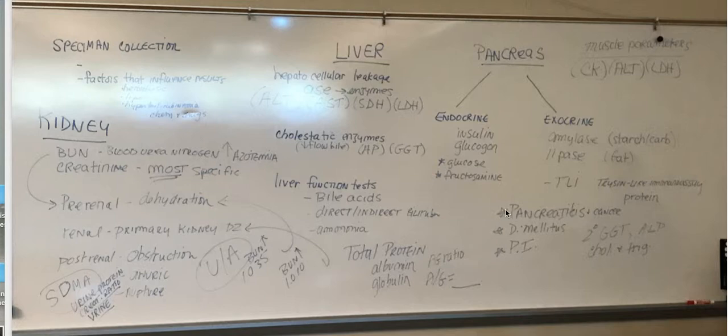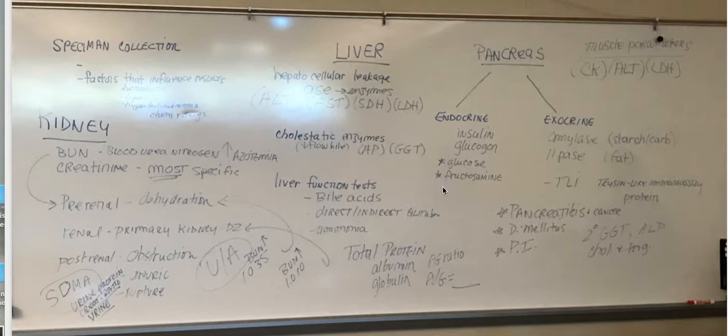Finally, the last organ system we'll cover is the pancreas, which is a really complicated organ. It serves both as an endocrine gland and an exocrine gland. As you guys know already, its endocrine functions are insulin and glucagon.